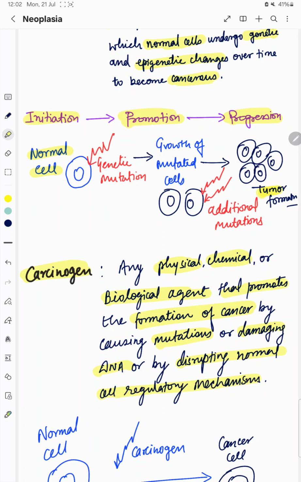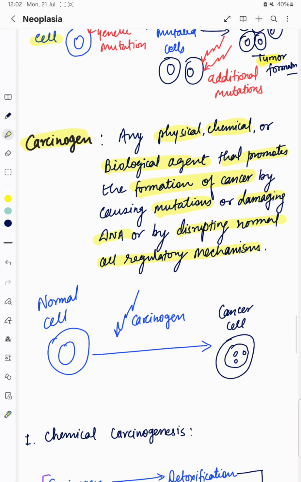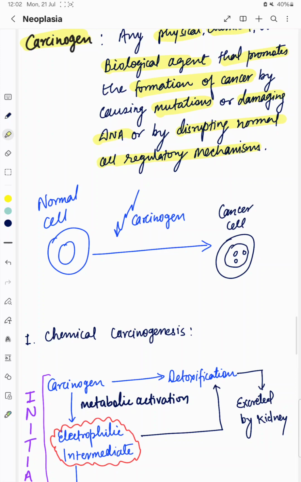So any chemical, physical or biological agent that promotes the formation of cancer is known as a carcinogen. A normal cell, whenever exposed to a carcinogen, is converted into a cancer cell. A carcinogen can be a physical agent like radiation, or a chemical agent, or various infections or metabolic insults.